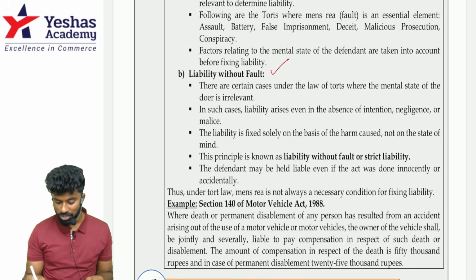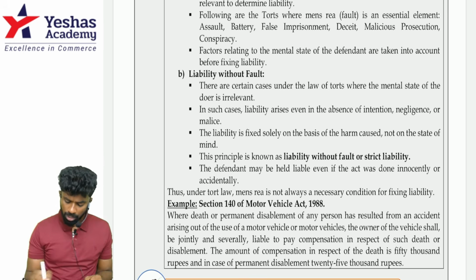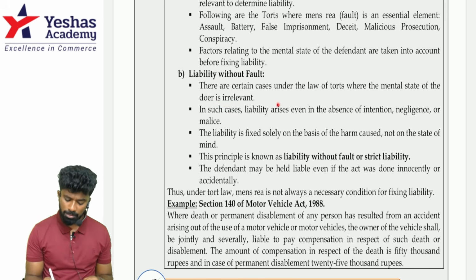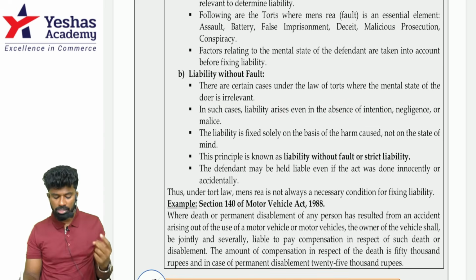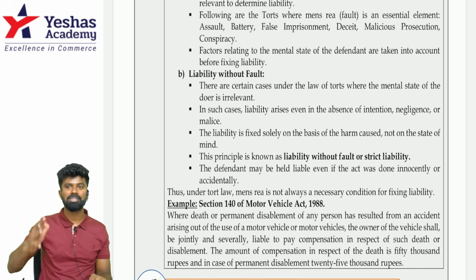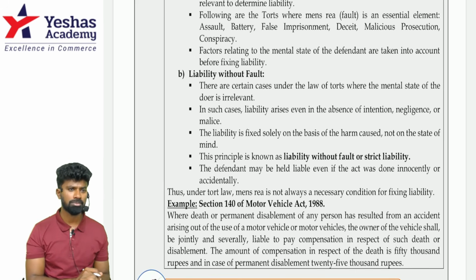There are certain cases under the law of tort where the mental state of the doer is irrelevant. In such cases, liability arises even in the absence of intention, negligence, or malice. What is malice? Malice means criminal intention, wrong intention, mala fide.